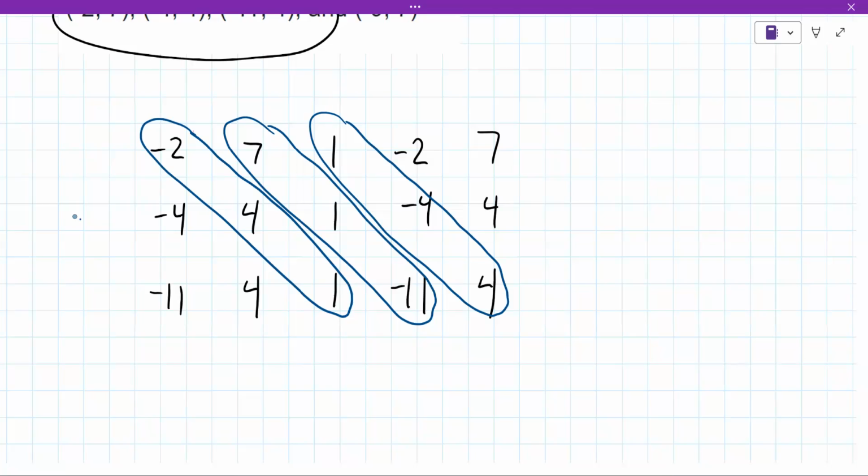It would be -8, -77, and -16. Okay, that looks good to me.